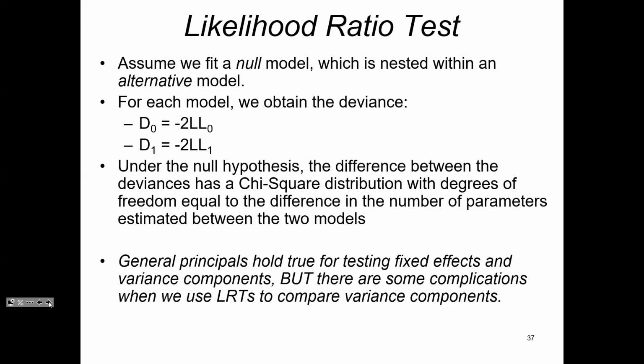Now, great, super easy. But technically, and I won't belabor this too much, there are some complications when you use these likelihood ratio tests to compare the variance components, because with variances we've got these boundary constraints. So technically, you shouldn't just use the regular old chi-square to compare two models that differ in terms of variance.